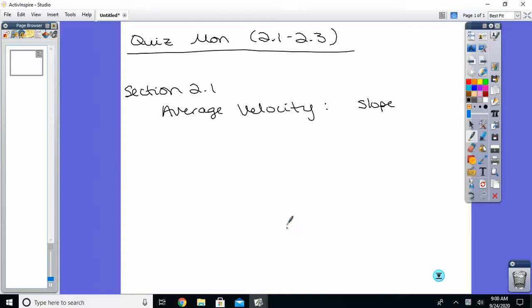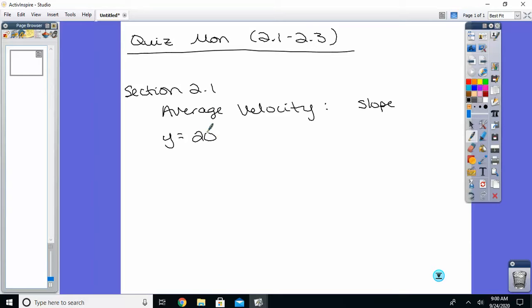So for instance, if you had a velocity equation, I'd probably write this down and maybe look at it Sunday night or Monday morning so you remember. I'd probably give you nice problems because you won't have a calculator.